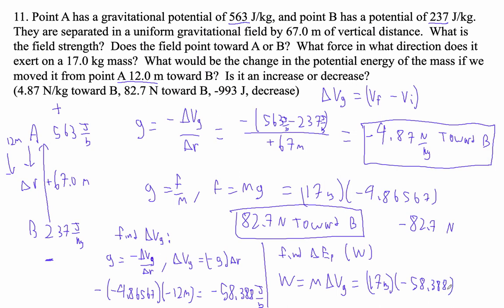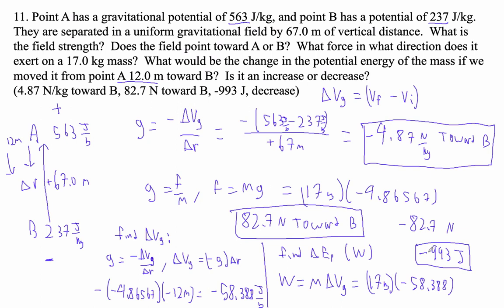Okay, so 17 times that is negative 992.59, so negative 993 joules would be the change in potential energy of it.